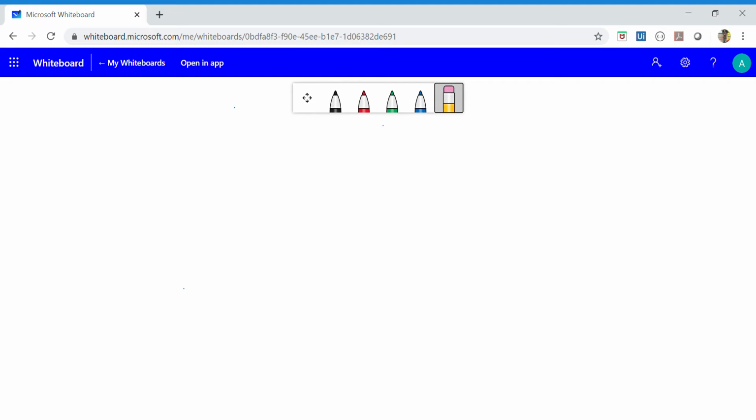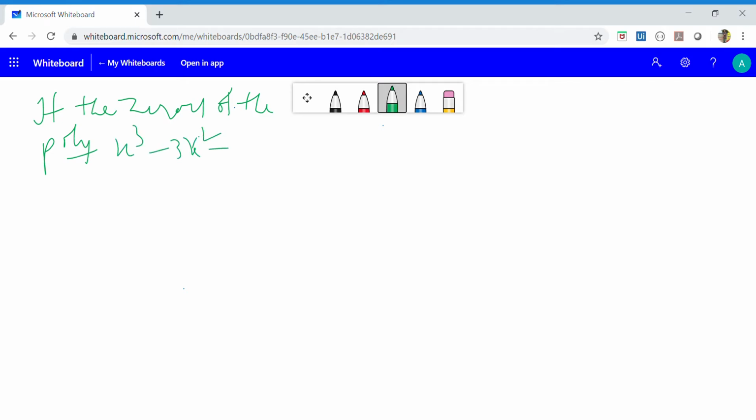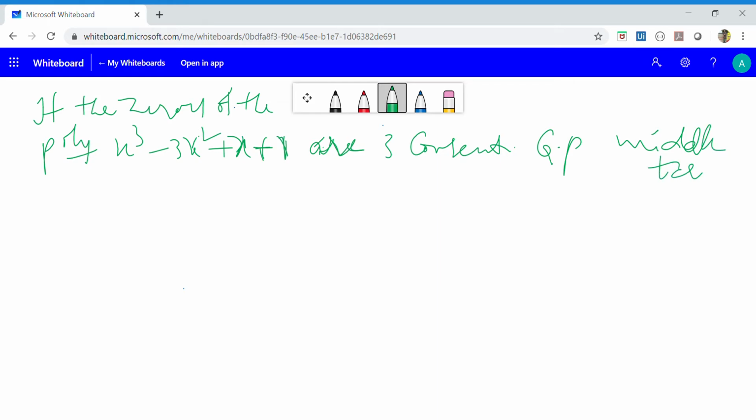So the first question is: if the zeros of the polynomial x cube minus 3x square plus x plus 1 are three consecutive terms of GP, then find the middle term. This is the question. So, solution.